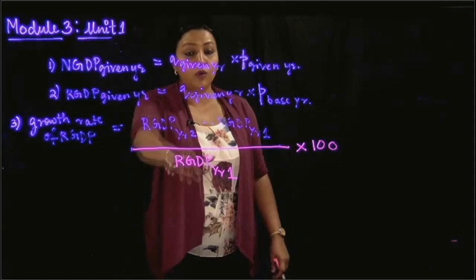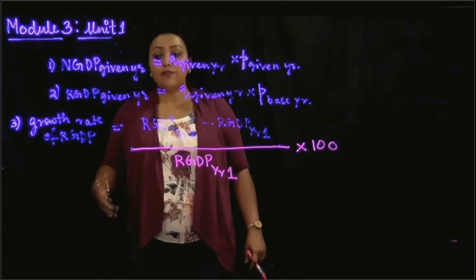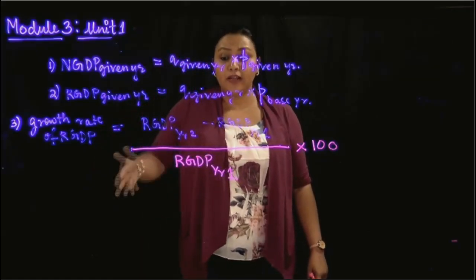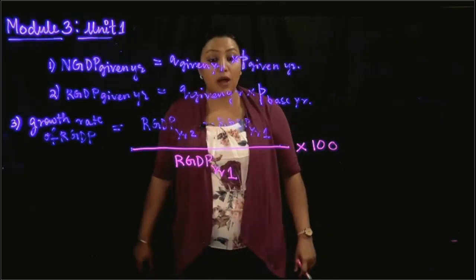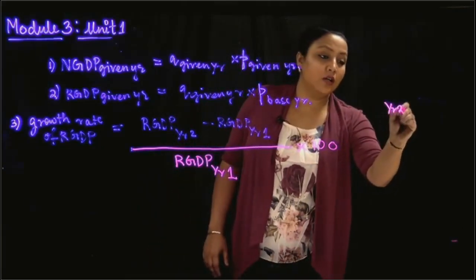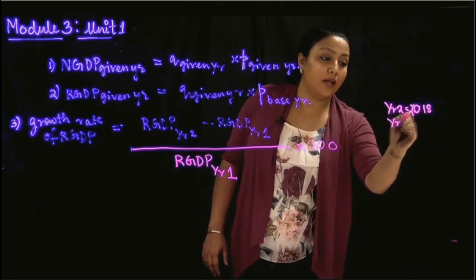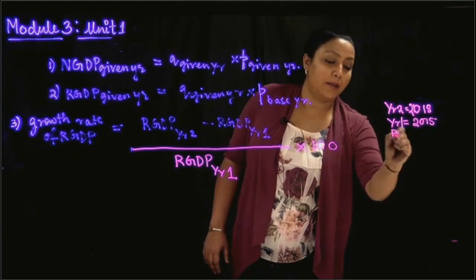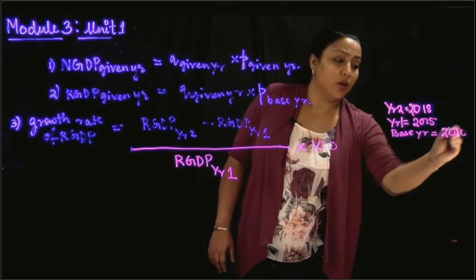Now year 2 is always going to be your most recent year. So if you are finding the growth rate of real GDP between 2018 and 2015, then your year 2 is 2018 and 2015 is your year 1. Now let's say my year 2 is 2018, my year 1 is 2015, and my base year is the year 2010.